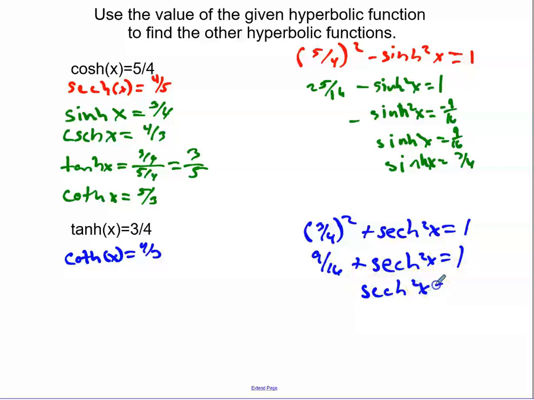Hyperbolic secant squared is going to equal 7/16, which means hyperbolic secant is the square root of 7 over 4.